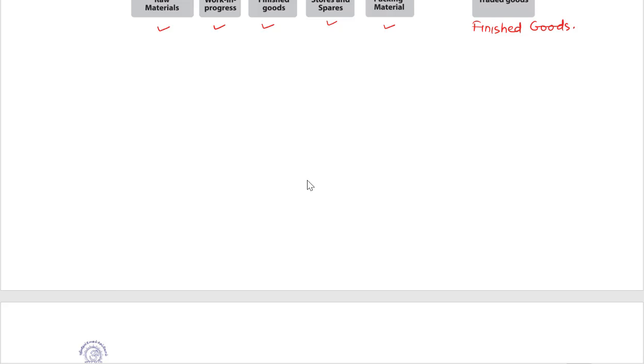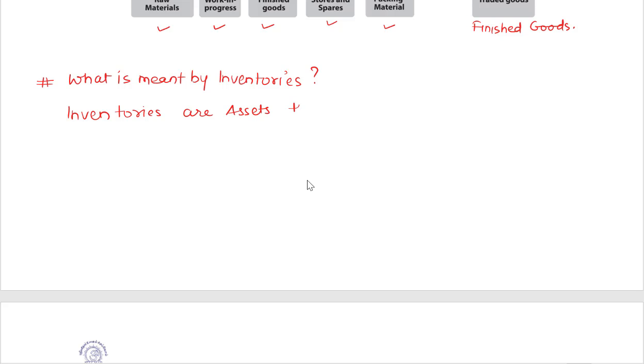If we talk about the meaning of inventory, just try and understand what is meant by inventories. Inventories are assets that are held for sale in the ordinary course of business.